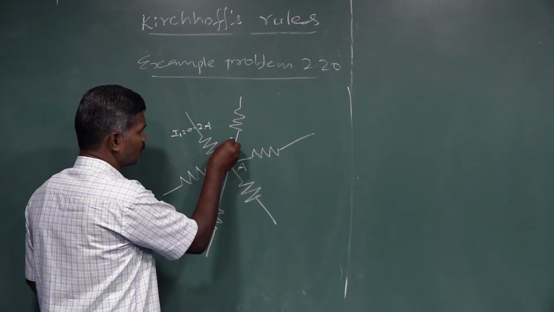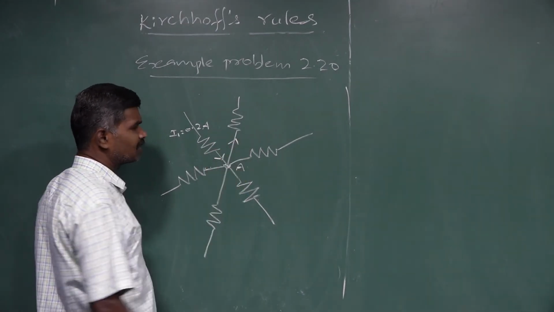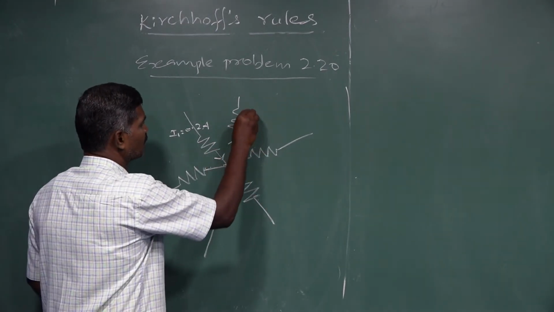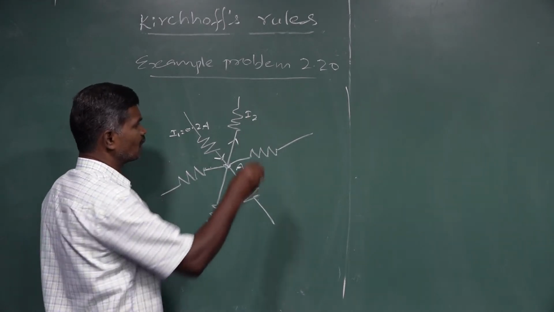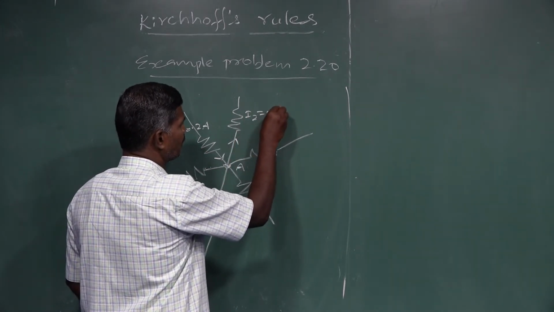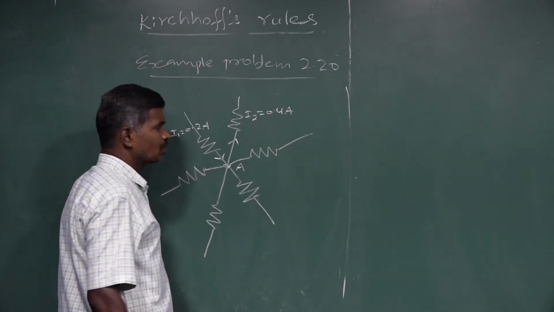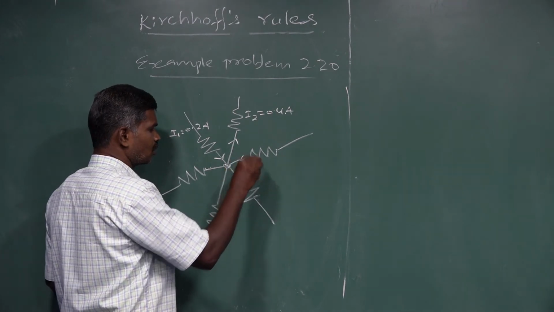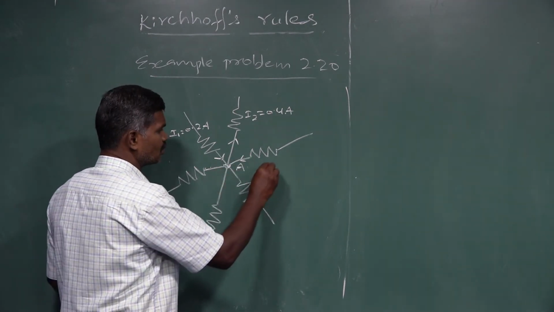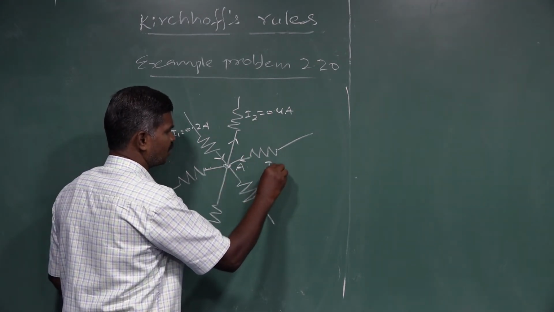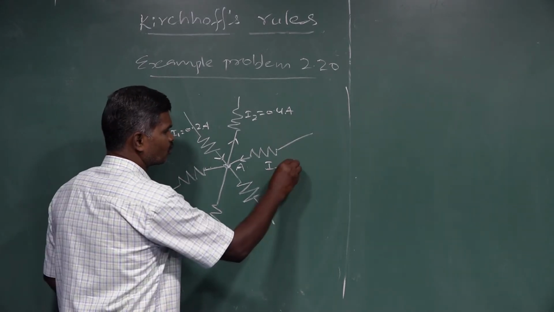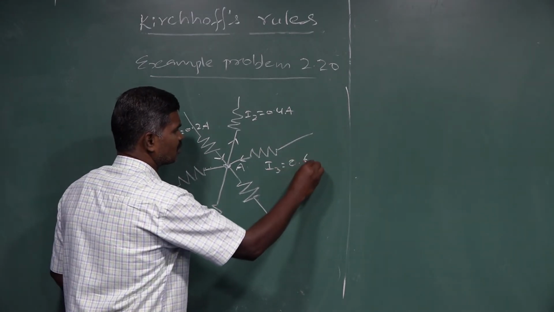Next one, the direction is this. There is current I2, and its value is 0.4 ampere. Next one, towards the junction, that can be taken as I3. I3 is equal to 0.6 ampere.